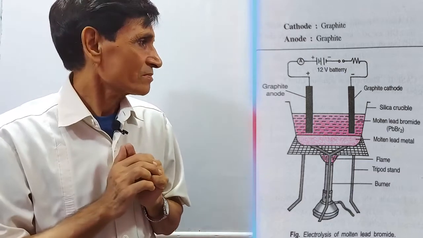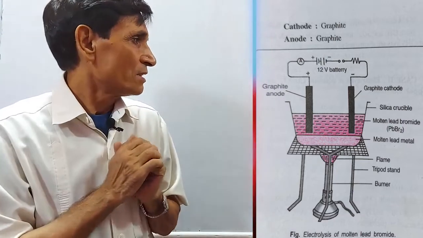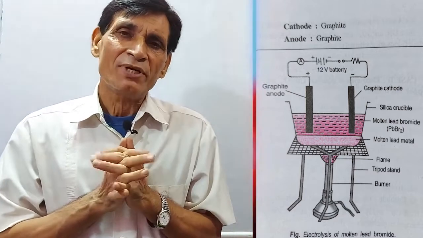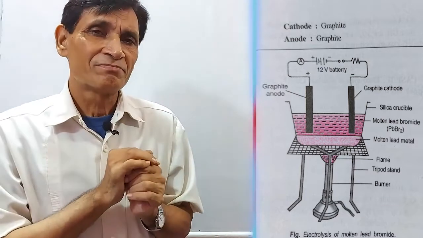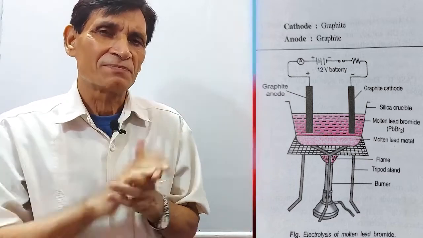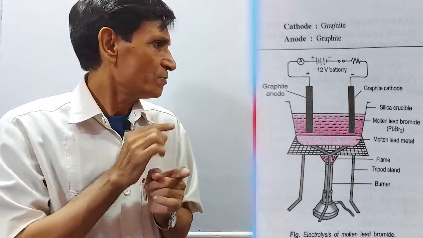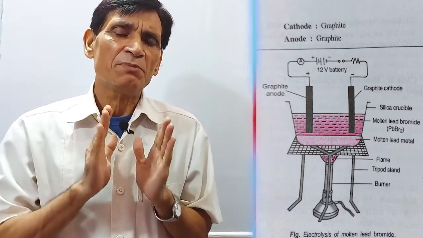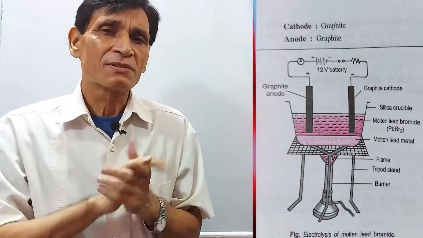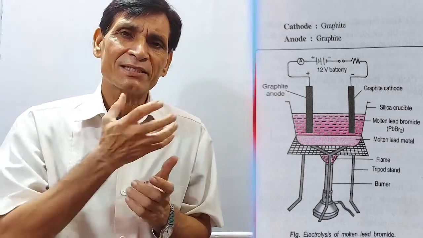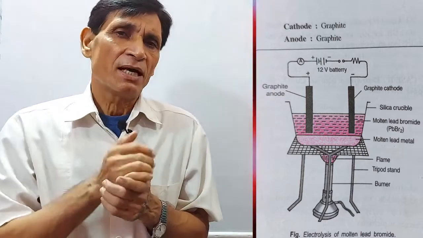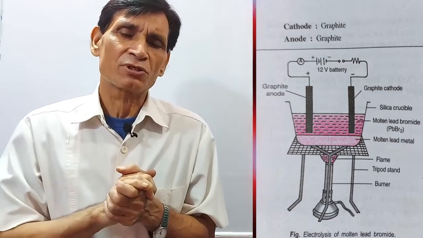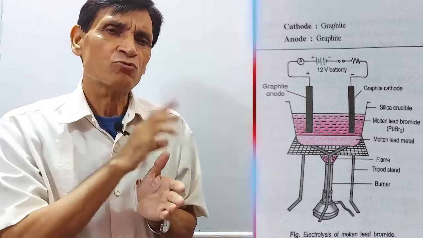Next point, migration of ions. When the key is pressed, the switch is on, direct electric current passes through molten lead bromide. Lead ions Pb2+ migrate towards the cathode, that is, the cathode attracts Pb2+ ions, and bromide ions Br- are attracted towards the anode.